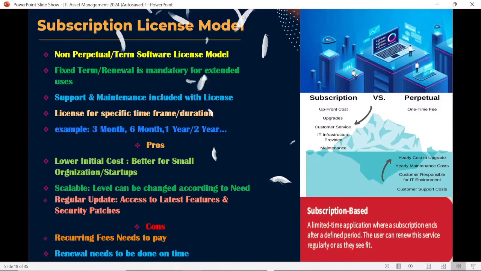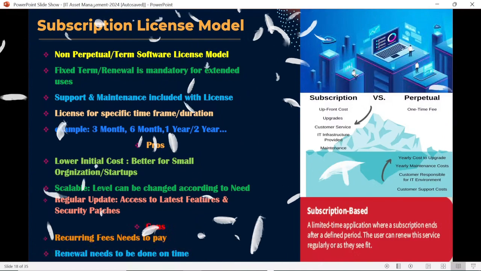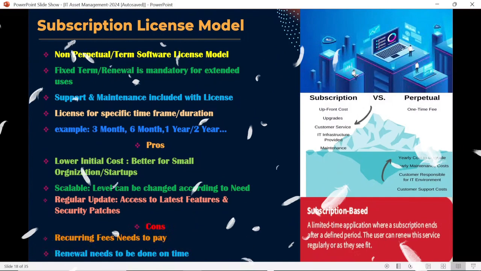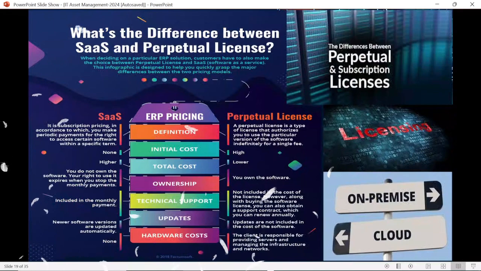So these are the important pros, cons, and tips about the software perpetual license model and subscription license model. Now, in short, we are going to understand the quick summary based on the pricing level.